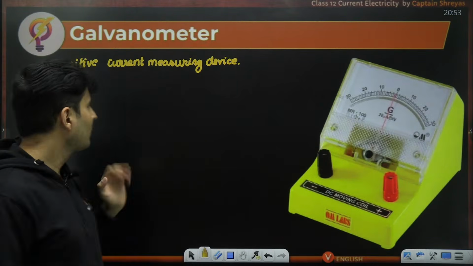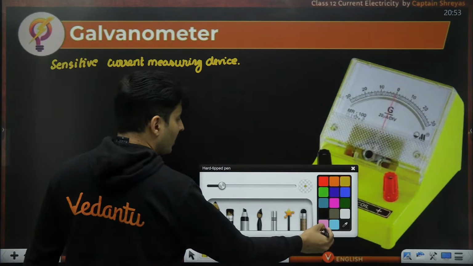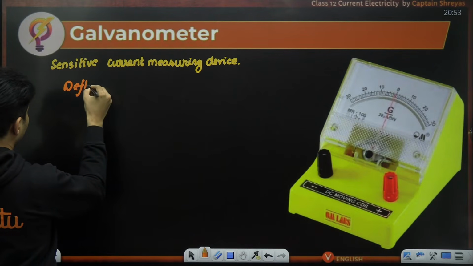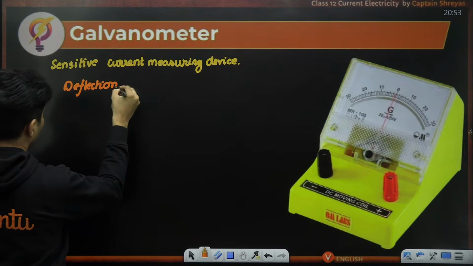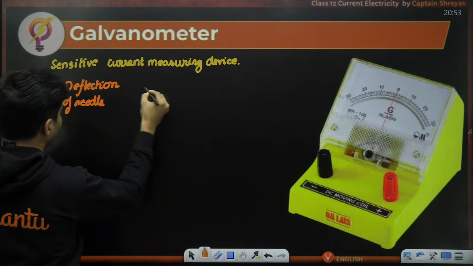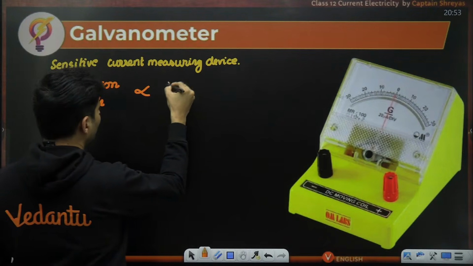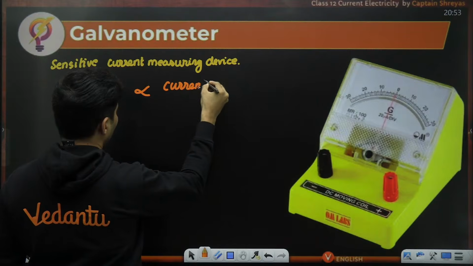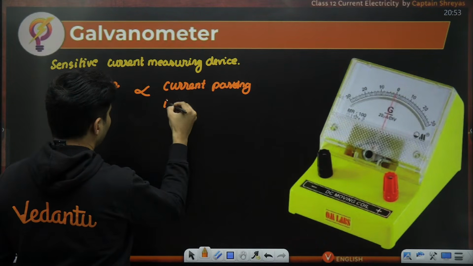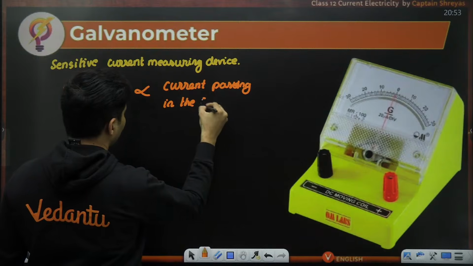So you will see that the deflection of the needle is directly proportional to the current passing in the galvanometer.